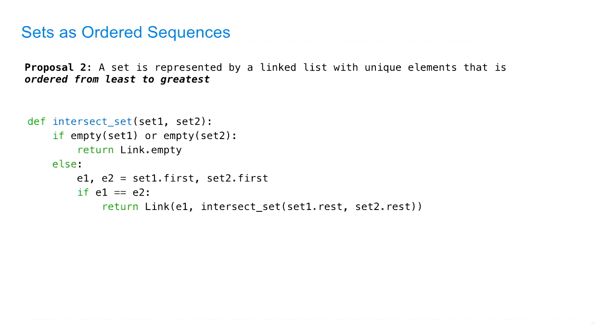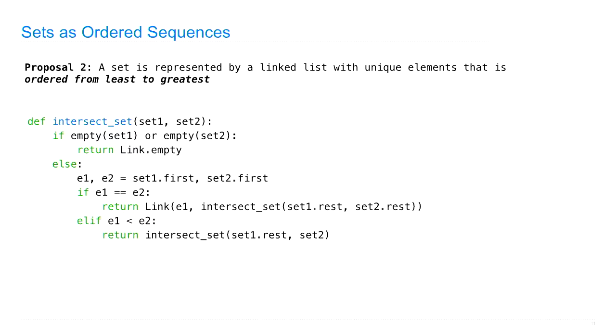We know we don't want it twice, so we just put it at the very beginning of the result, and then intersect the rest of set 1 and the rest of set 2. Now the important thing here is that this result is still in order. It's in order because E1 was the smallest thing in set 1 and the smallest thing in set 2. Both of those had no repeats, so all this stuff must be larger than E1.